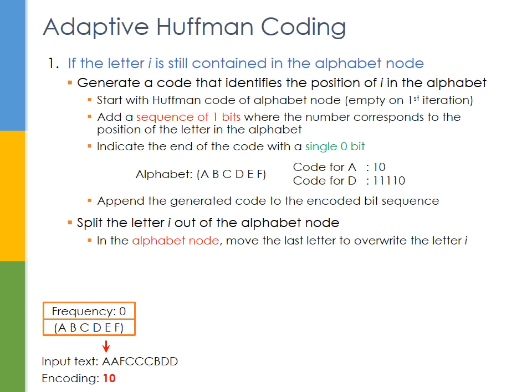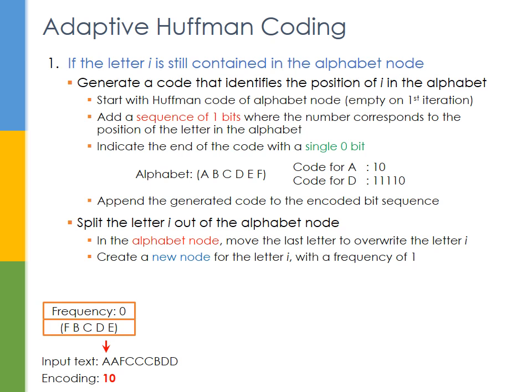So in our example over here, we will be moving the letter F, and we will be placing that in the position that A occupied previously, therefore removing A from the alphabet node. So this is exactly what we've done over here. We see now that we have F stored in the first location, and the letter A no longer exists within the alphabet.